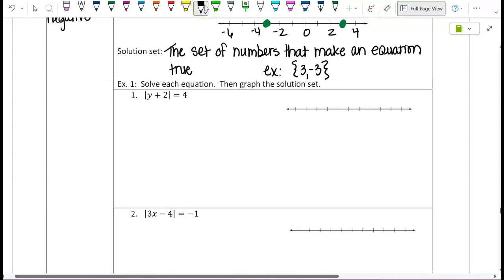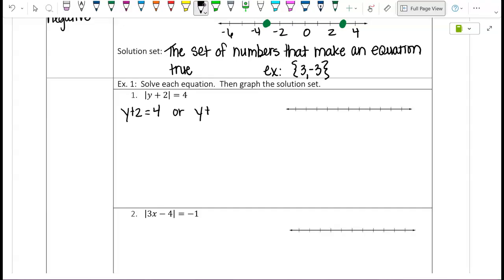And when we set up these equations, the absolute value symbols are not part of these equations because we're just solving what's inside. So we're going to set up y plus 2 could equal positive 4, or y plus 2 could equal negative 4.